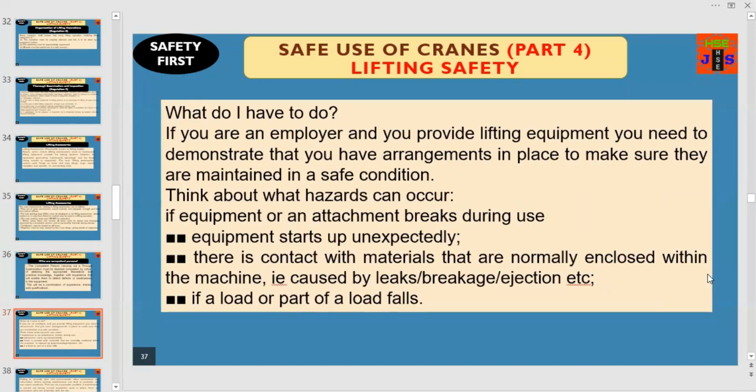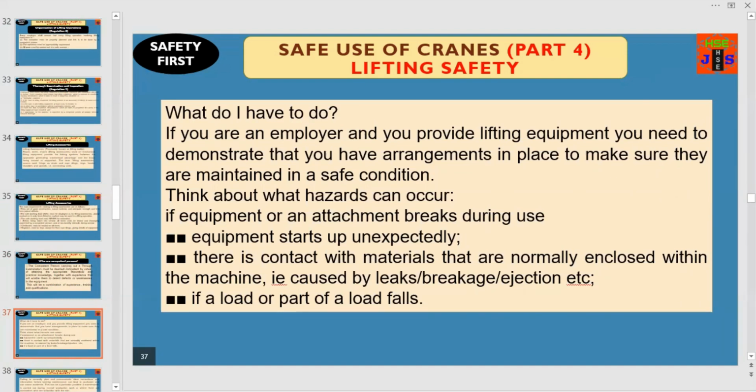Here the question comes, what do I have to do if I'm an employer? If you are an employer and you provide lifting equipment, you need to demonstrate that you have arrangements in place to make sure they are maintained in a safe condition. Think about what hazards can occur if equipment or an attachment breaks during use, during the lifting operation.